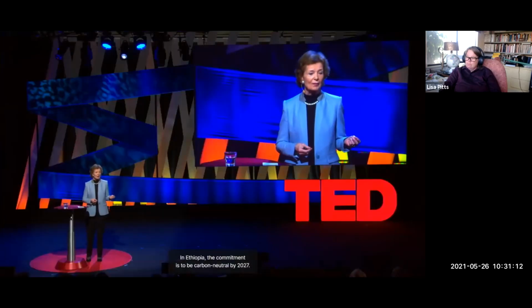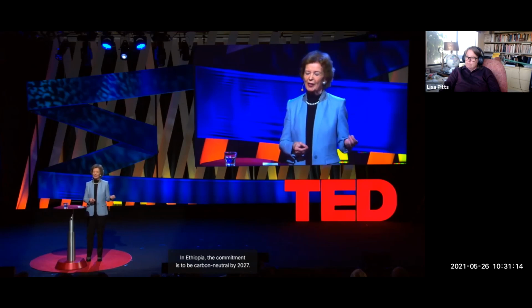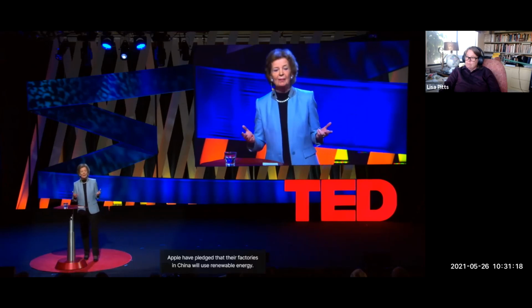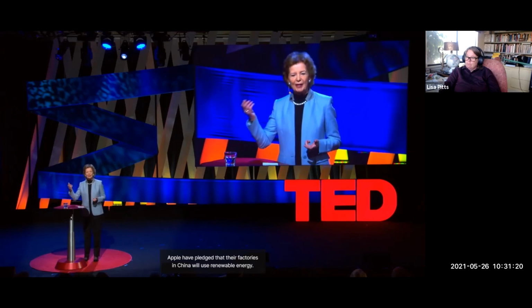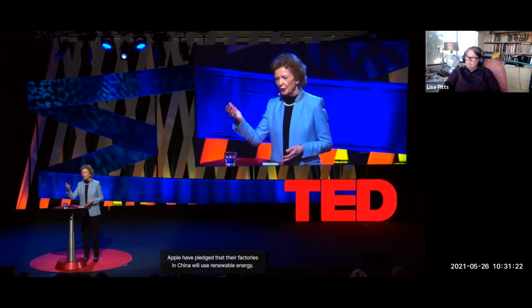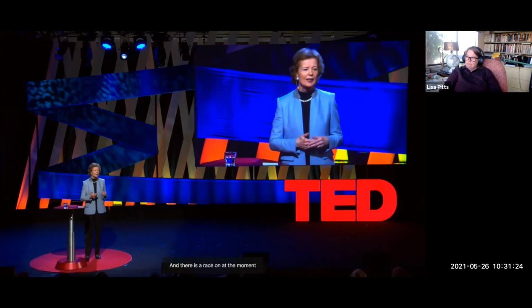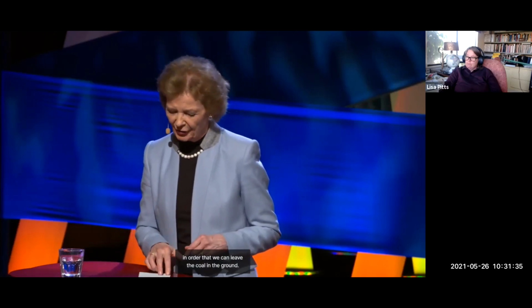In Ethiopia, the commitment is to be carbon neutral by 2027. Apple have pledged that their factories in China will use renewable energy. And there is a race on at the moment to convert electricity from tidal and wave power in order that we can leave the coal in the ground.